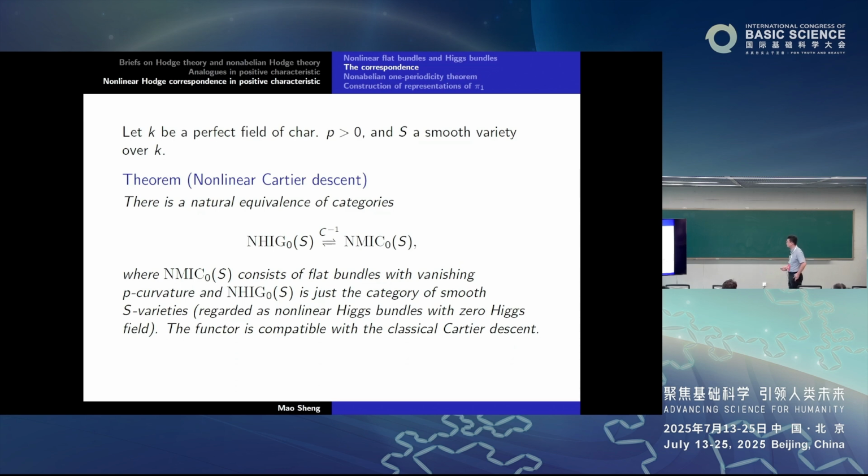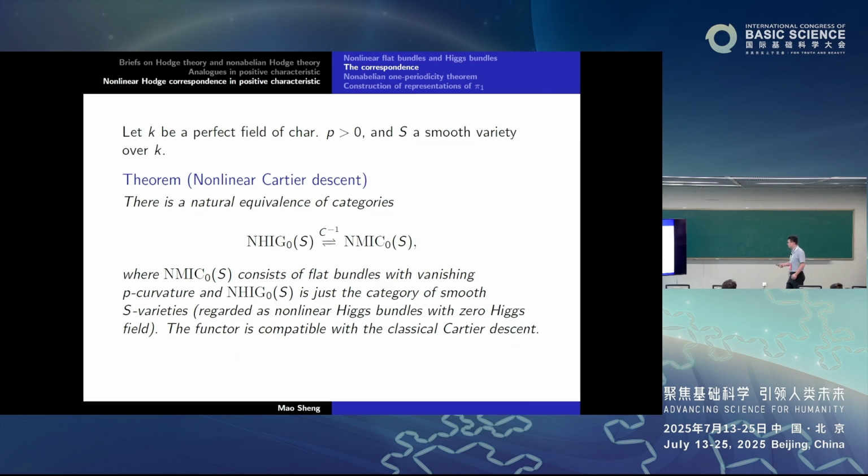Okay. Now we move on to the correspondence. First, I generalize the Cartier descent to a so-called nonlinear Cartier descent.